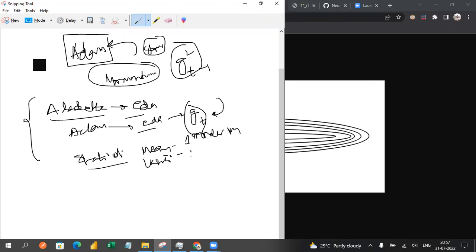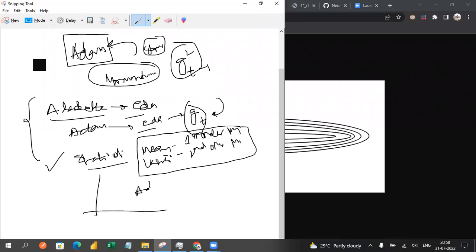For the variance, we call it the second order moment. These are slightly intercorrelated concepts with respect to the statistical way of analysis in Adam, which is much more efficient and faster to converge when compared to Ada delta. So currently the most popular optimizer is Adam, with the concept of exponential weight decay, and we also use the mean and variance for the first order moment and second order moment.